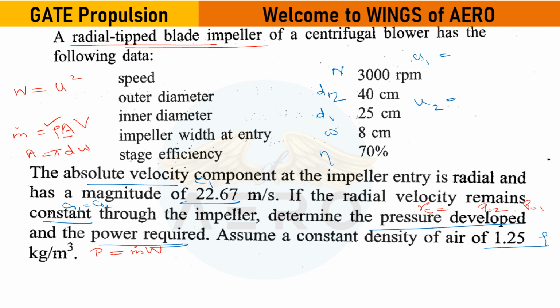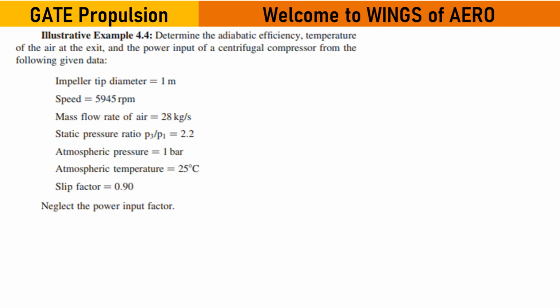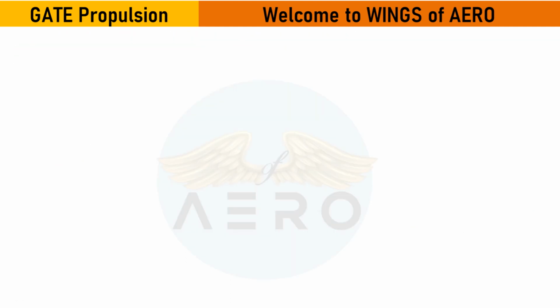As they have given the radial velocity and the radial tip, you will know what the velocity triangle is. Okay, so this is for your assignment. I will share this assignment question with you guys, and tell me the answer for it.